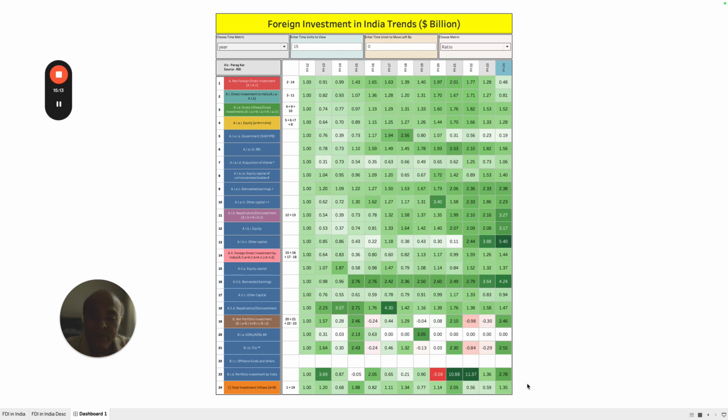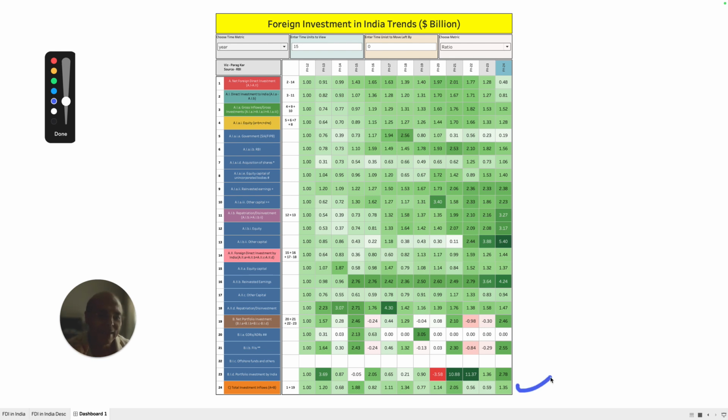And that's why you don't see a significant change in our foreign exchange reserves. Though the FDI numbers are very, very low, it's a matter of concern, right? The number is 0.48 times what we saw in FY12, but the overall total investment number is 1.35 times what we saw in FY12, and that's why our foreign investment kitty, that is the reserves that RBI maintains as foreign exchange reserve, has not fallen because of this.